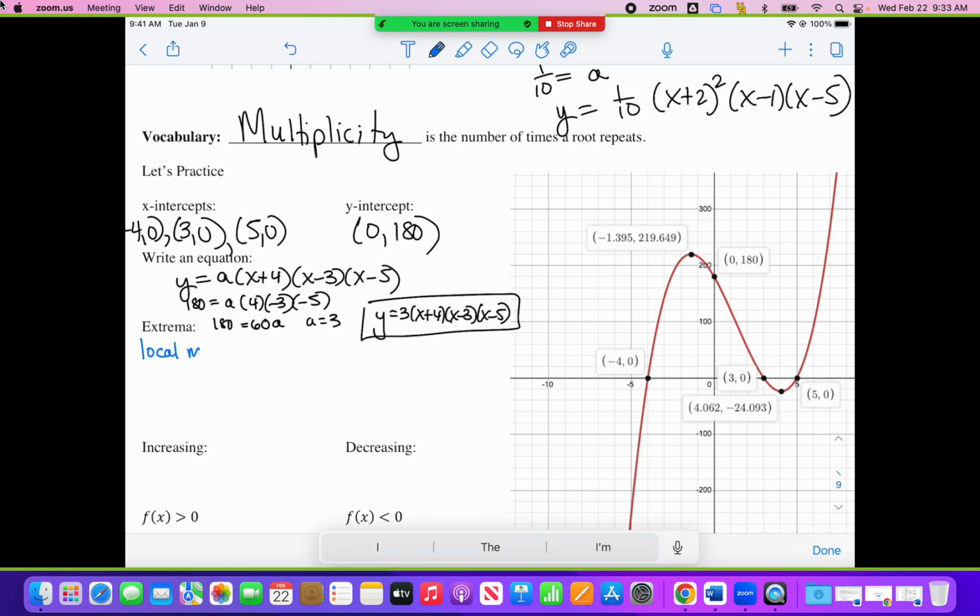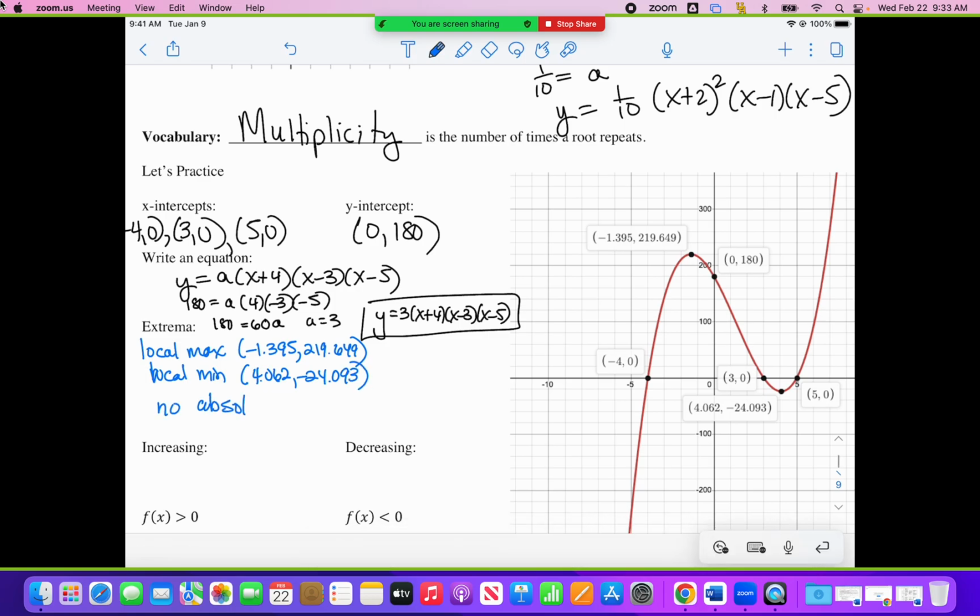So there's a local max of -1.395, comma 219.649. There's a local minimum at 4.062, -24.093. There's no absolute extrema because it goes shooting up to infinity and shooting down to negative infinity.